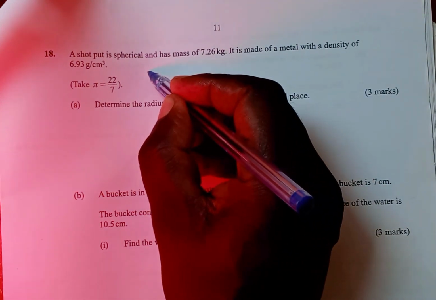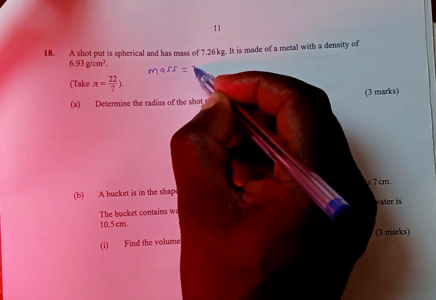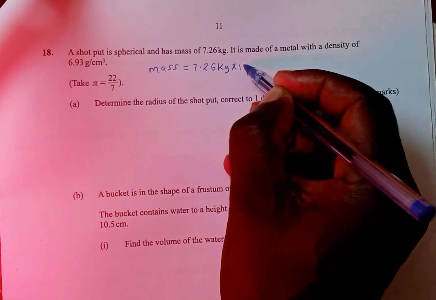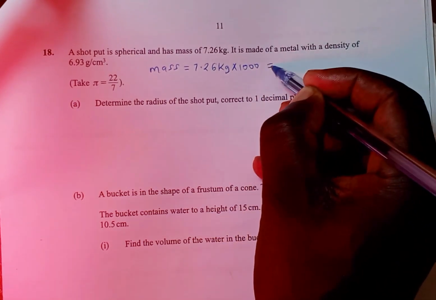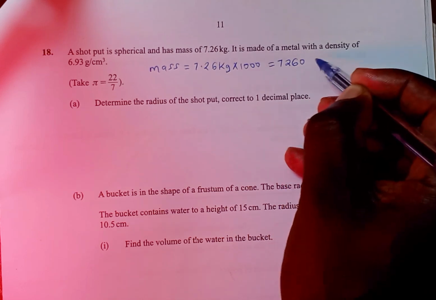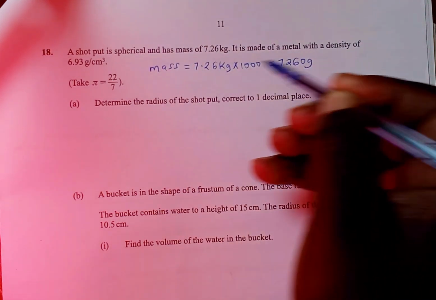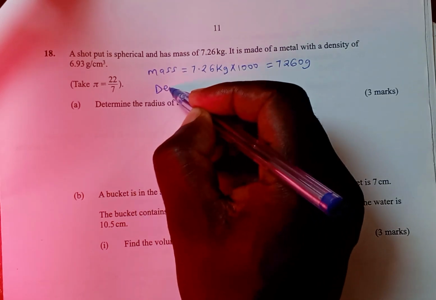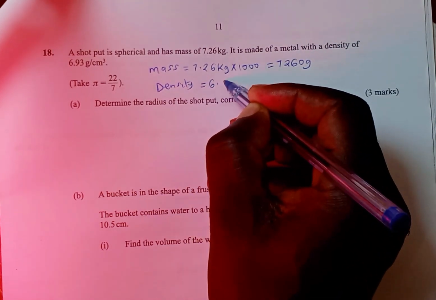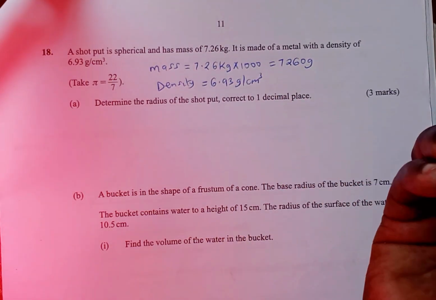We have been given the mass, and the mass is 7.26 kgs. If we multiply this with 1000, we are going to have 7,260 grams. Since we have the mass, and again we have the density as 6.93 grams per centimeter cubed, we can get the volume.